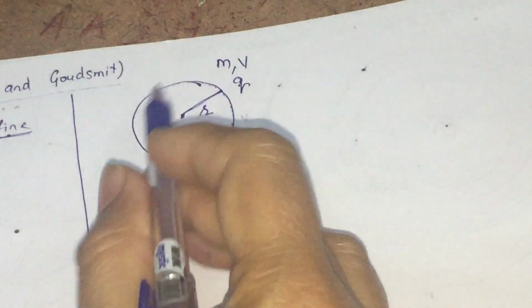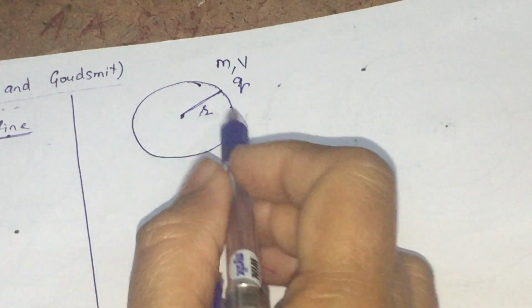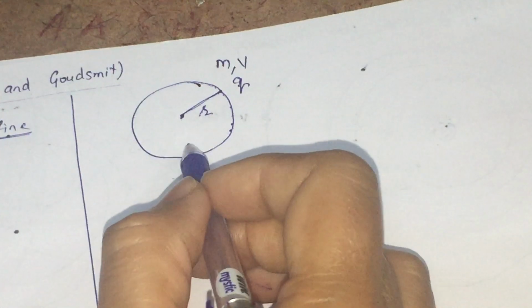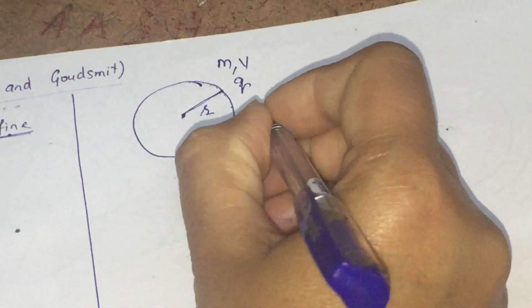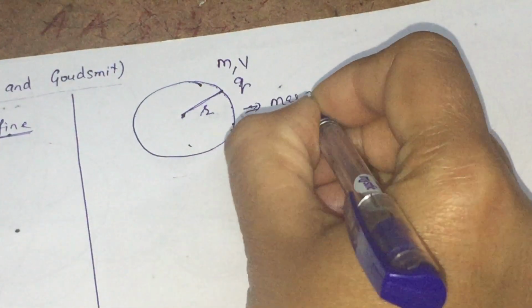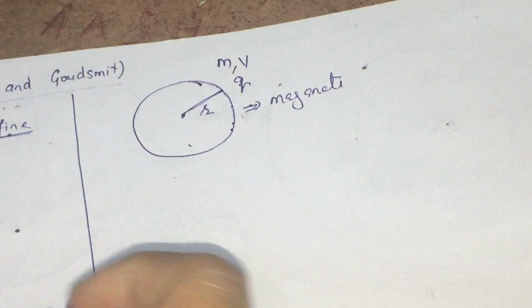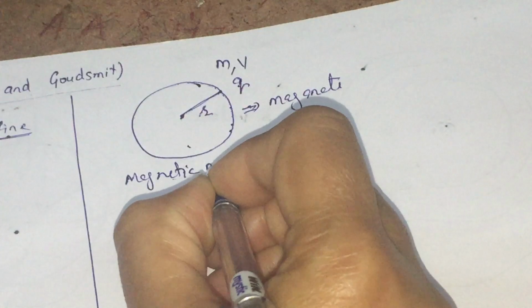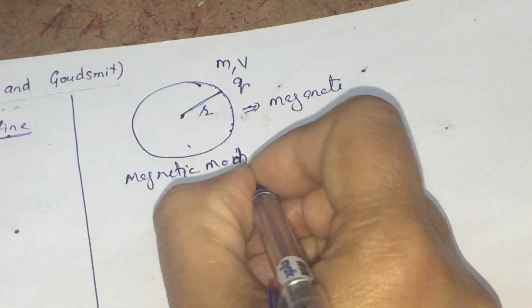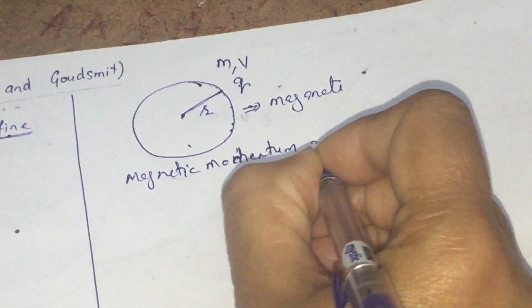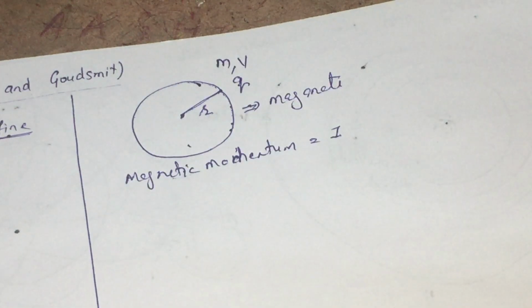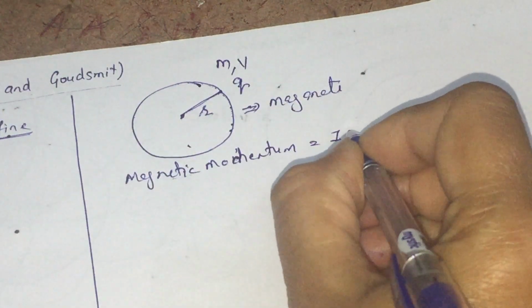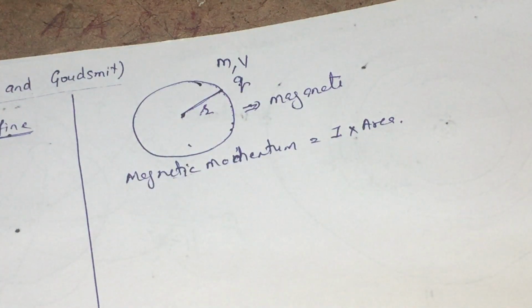This charged particle is not only giving a mechanical momentum, it behaves like a magnet, and its magnetic momentum is given as the product of current into the area of the loop in which the current is moving.